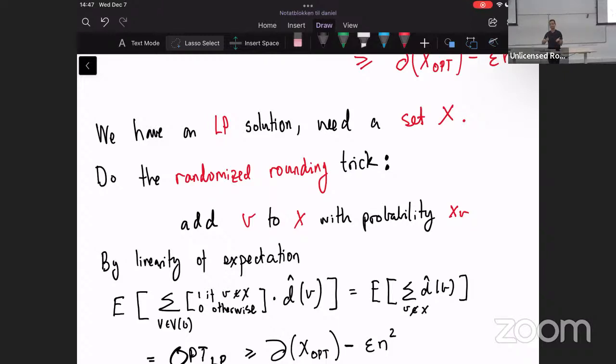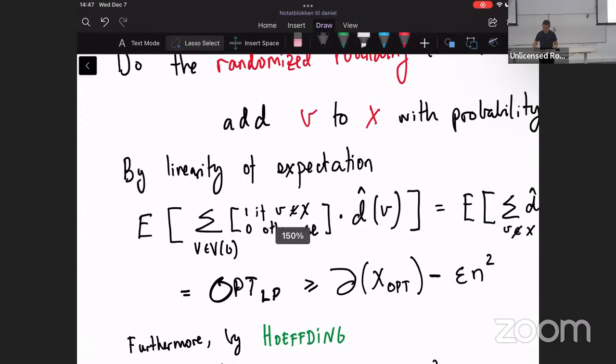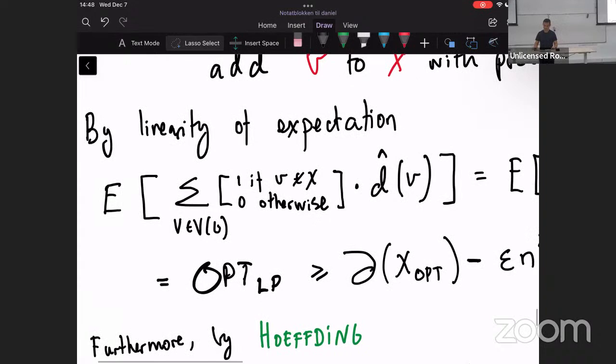Okay, so first, let's look at the expected value of the ILP objective function. What is this going to be?